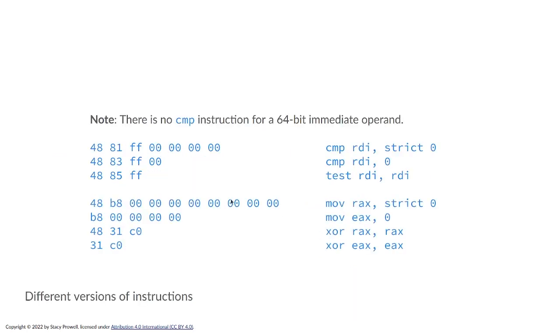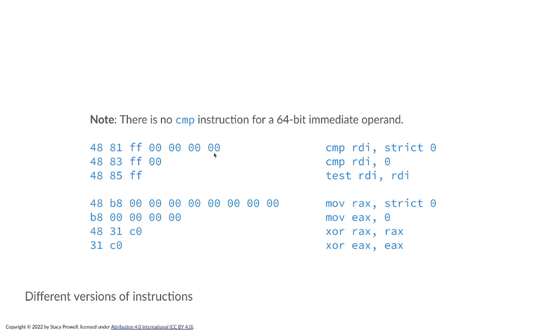And let's take a quick look at what we did. So here's the compare instruction. We're going to compare RDI with a strict 0. We said strict, which says, I really mean it. Go make me an 8-byte 0. The assembler says, I hear you, and I see that strict you put there, and I know you really mean it, so here's your 4-byte 0. It ignores strict in this case and gives this to us.